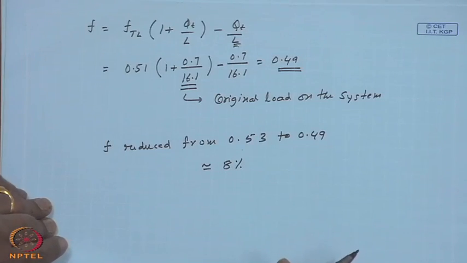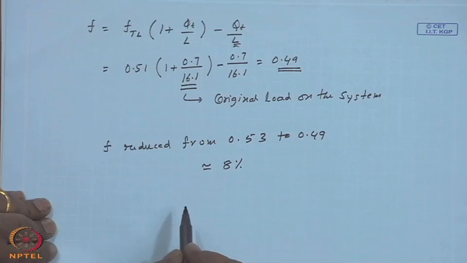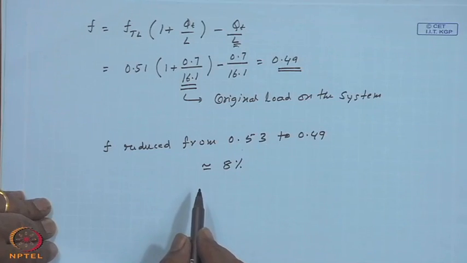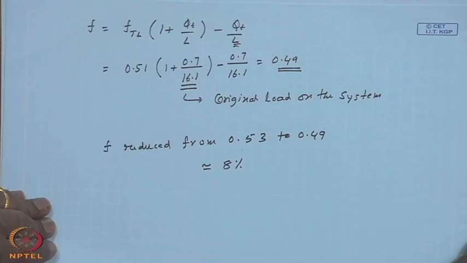Okay. So, as we have said right from the beginning, once again to repeat and to make you understand the logic behind it, we estimate the tank loss assuming a tank temperature. We treat the tank loss as a part of the load, recalculate the coordinates, variables x dash and y, and use it in the phi bar F chart method to find out the load fraction. That load fraction is the so-called load fraction inclusive of the tank losses.